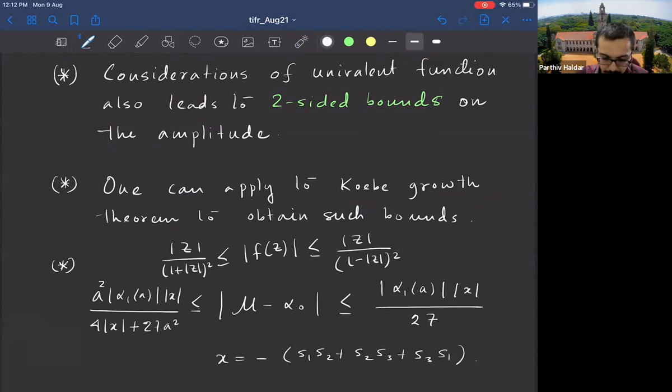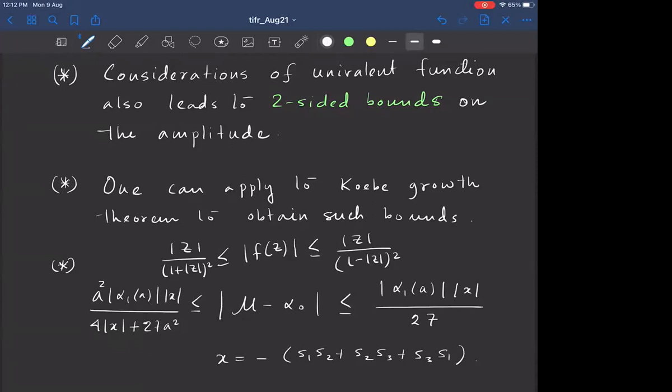You go through the same line of proof as we did in the case of bounding the Wilson coefficients. That means you focus on the kernel because the kernel is univalent. You apply the Koebe growth theorem on the kernel, and then you take advantage of the positivity in order to obtain the bound on the total full amplitude.